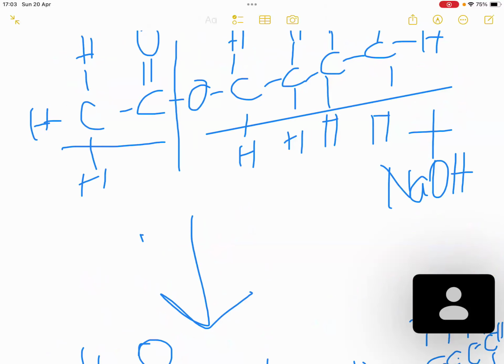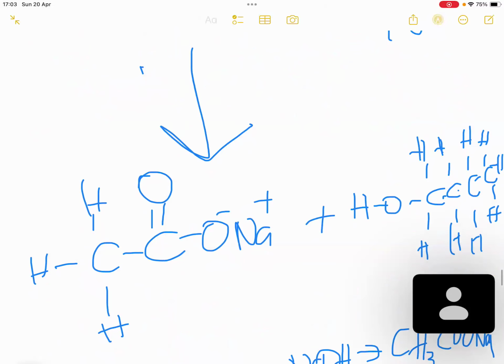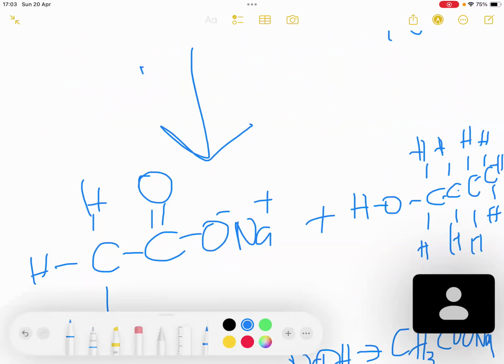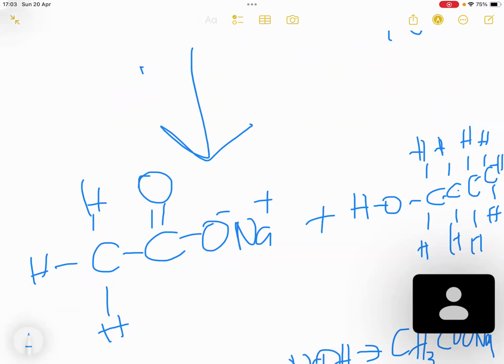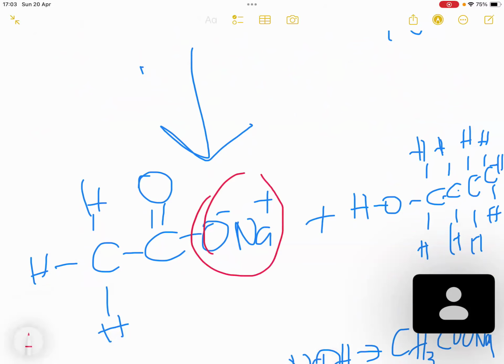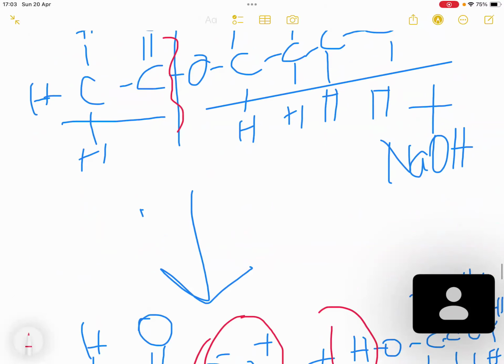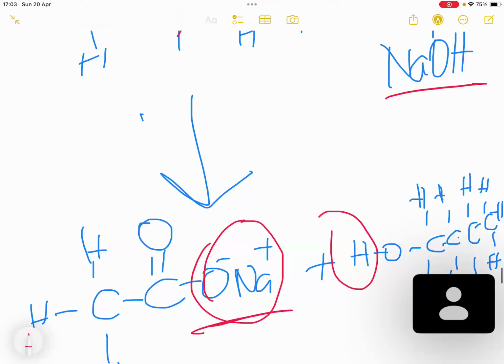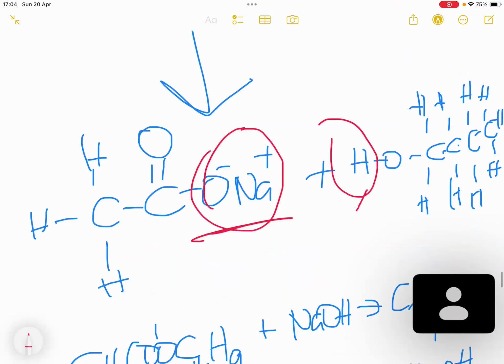And then to the alcohol part, I'm adding back the H. This is what I added when I split the molecule. Because it's NaOH, I'm adding O minus, Na plus, and I am adding H back to the alcohol. So I'm forming a salt, and I am forming my alcohol.